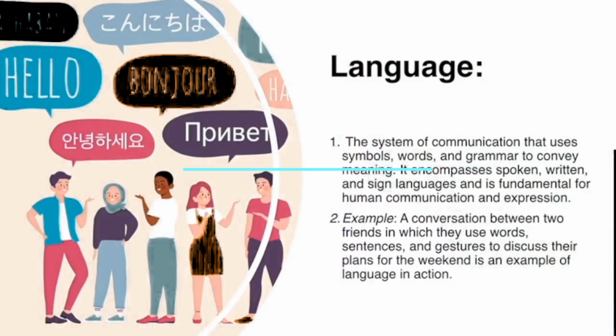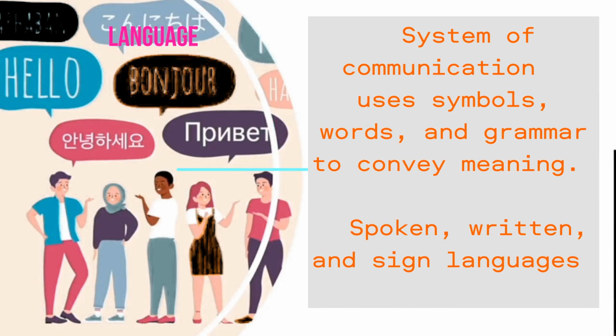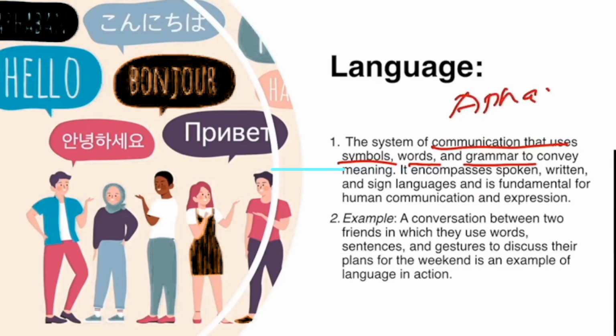As mentioned, it is a system of communication that uses symbols, words, and grammar to convey meaning. Hope this point is clear, and we will discuss disorders of language, that is aphasia, in a subsequent session.